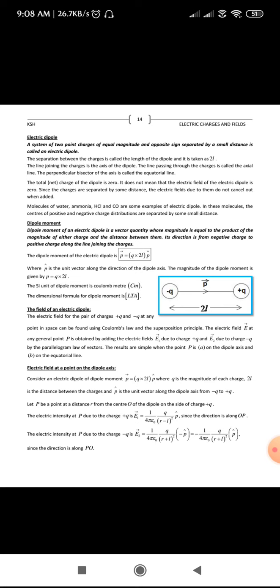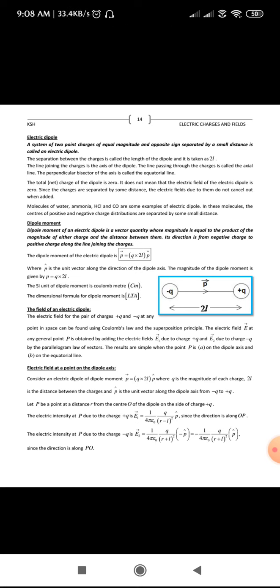The direction of the electric dipole moment is from the negative charge towards the positive charge. Make sure that the direction of electric field lines is always from positive to negative, whereas the direction of dipole moment is from negative to positive. The SI unit of dipole moment is coulomb meter.